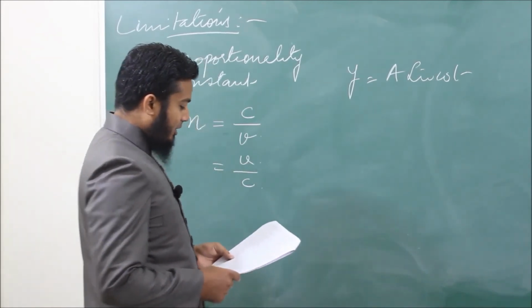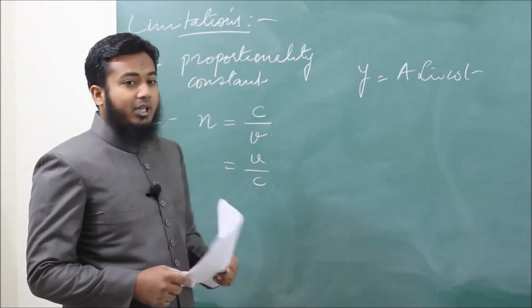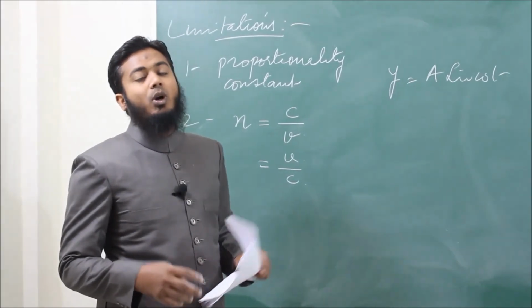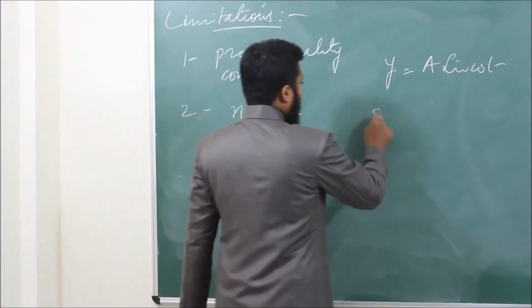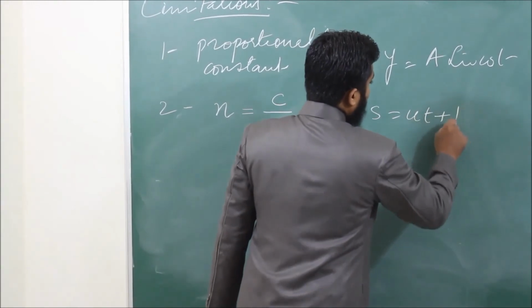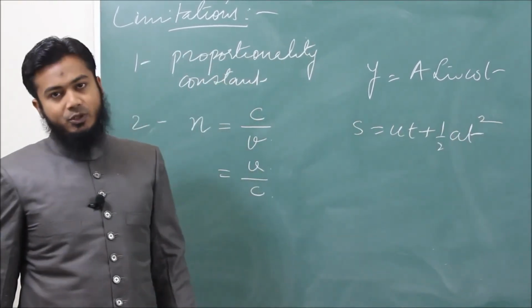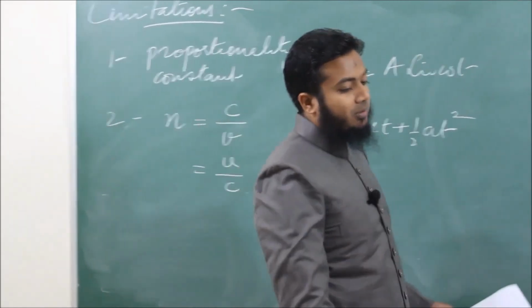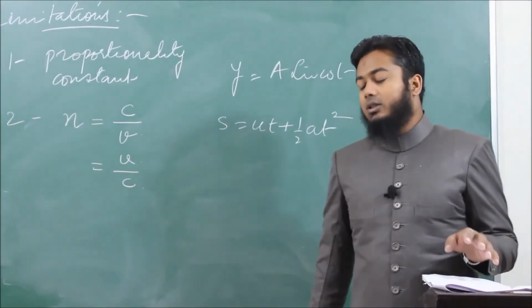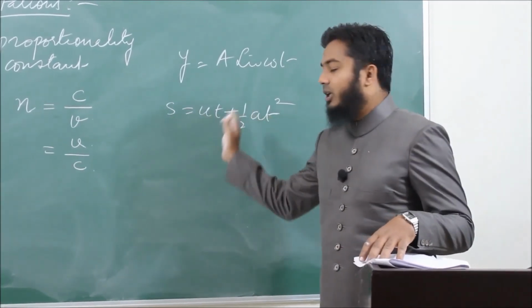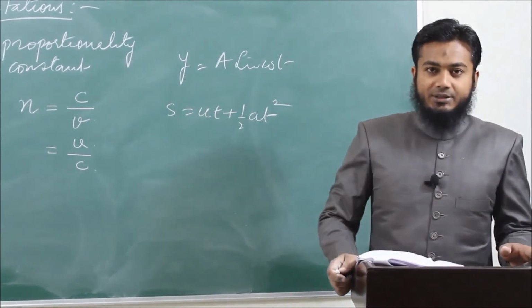And the next limitation: if your formula carries more than one term, for example, the equation s is equal to ut plus half at square. On the right-hand side there is more than one term. So if a formula contains more than one term, this formula also cannot be calculated.